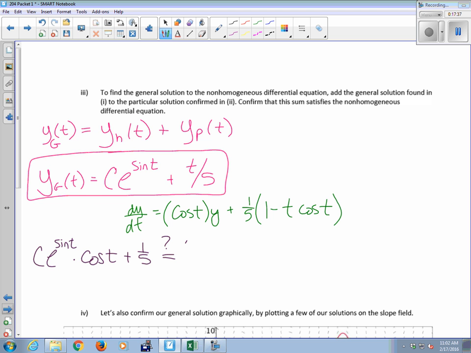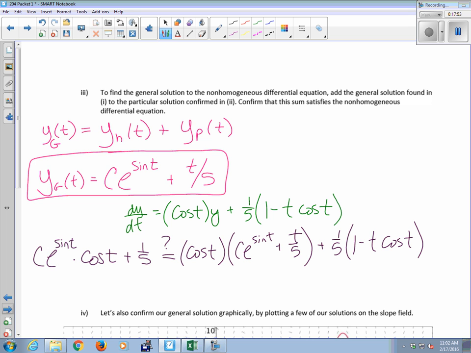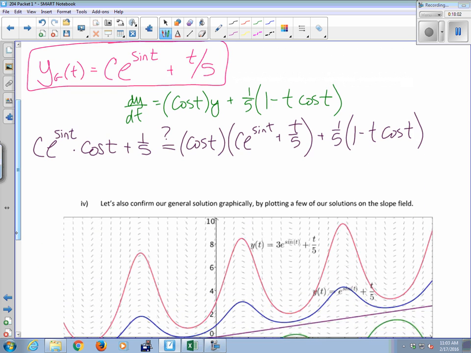So this becomes cosine t times y, which is c e to the sine t plus t over 5, plus 1/5 times 1 minus t cosine t. And we just verify that that statement is true. And we'll know that we have a solution.